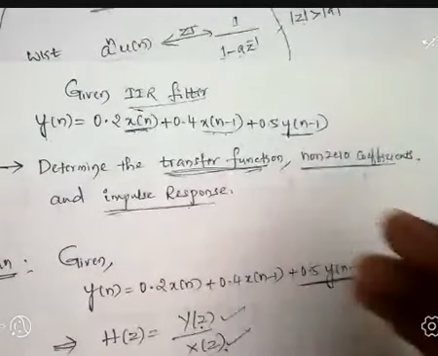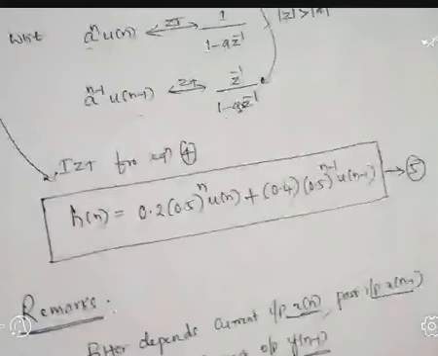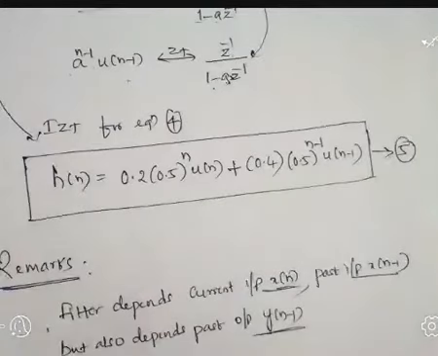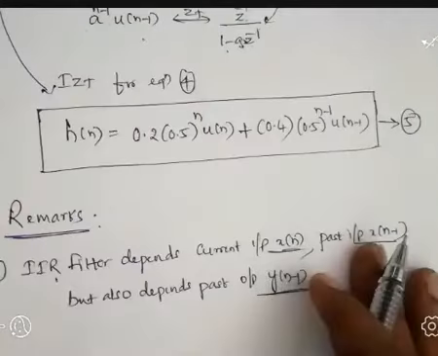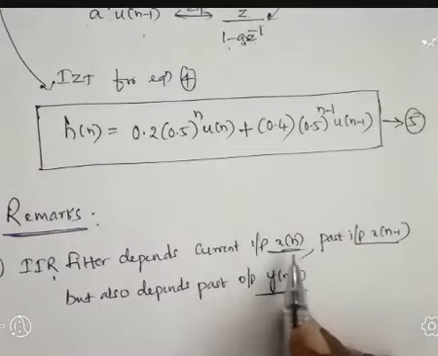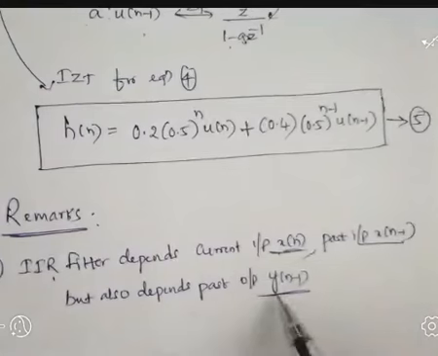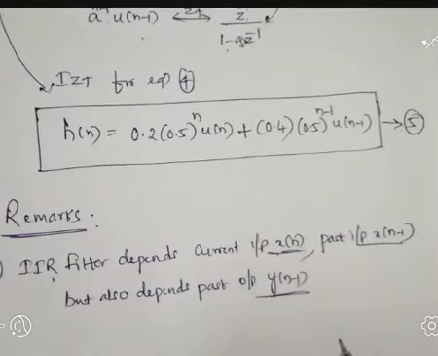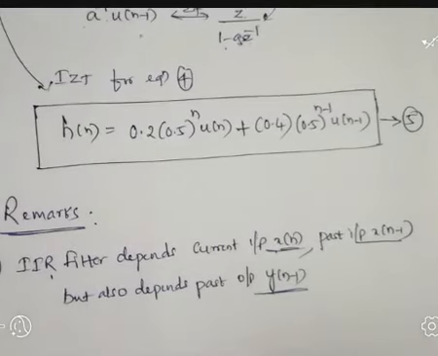So the first remark is that the IIR filter depends on current input x of n, past inputs x of n minus 1, but also depends on past outputs y of n minus 1. This is the first remark we can say from the given difference equation of the IIR filter.